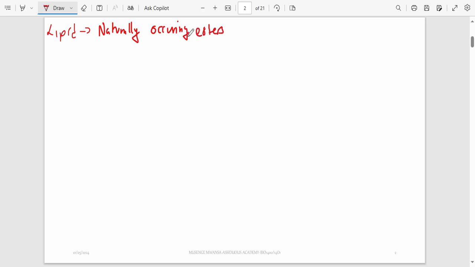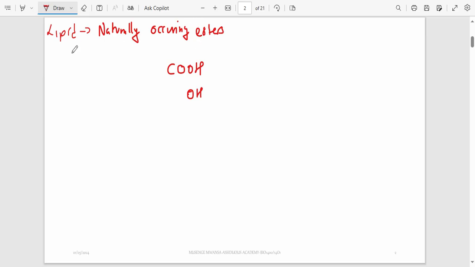Esters are formed from two functional groups. What functional groups are those? This is a carboxylic acid functional group, or a carboxyl, and an alcohol, which is OH. These are the two functional groups which will form an ester.